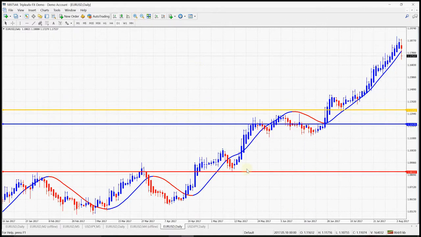Will you agree with me that this is not a good trade to take? Why? Check out what the stop loss is. 378 pips against a profit of 113 pips.